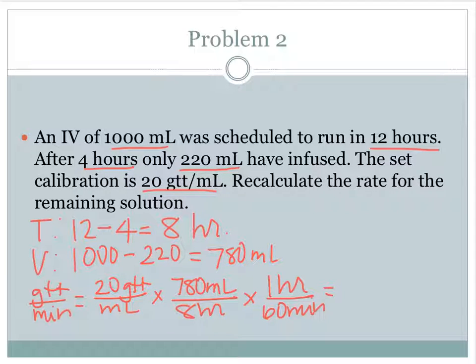So we're going to cross multiply and do all the division. Factor out the common numerators and denominators, so the mils and the hours. And then you're going to multiply 20 times 780 divided by 8 times 60. When you calculate everything out, you should get 32.5, which we need to convert to the nearest whole number, so 33 drops per minute.